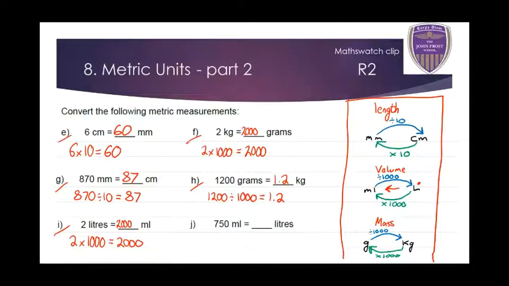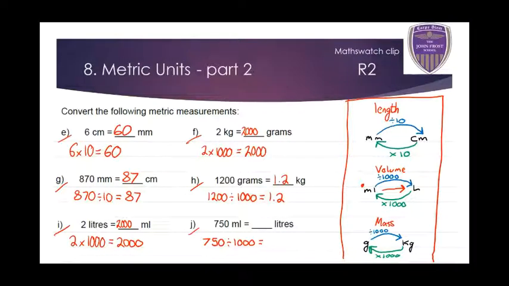Okay, and the last one now, I'm given 750 for question J. I'm given 750 milliliters and I'm going to convert it to liters. So starting with milliliters and turning it into liters. So this time I'm following the blue arrow around. So I have to do 750 divided by 1,000. Okay, now this one's a bit trickier.